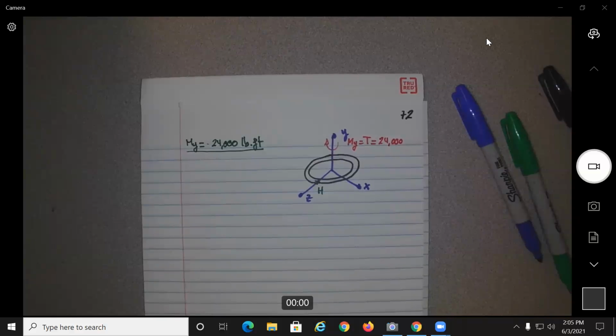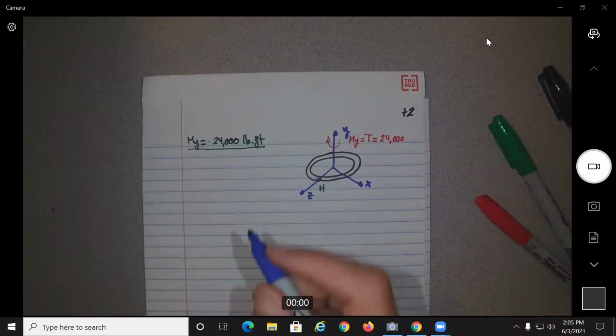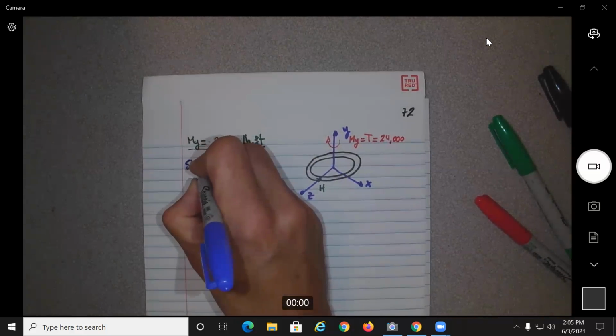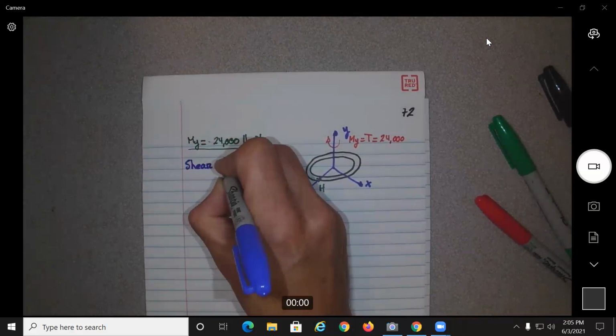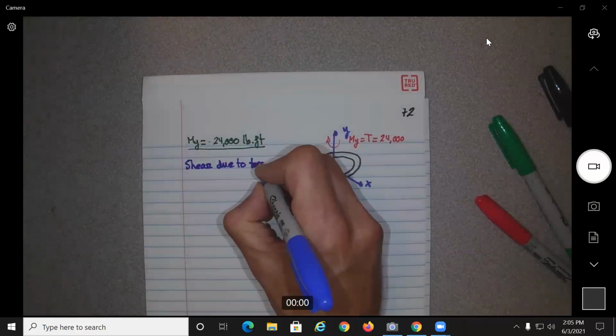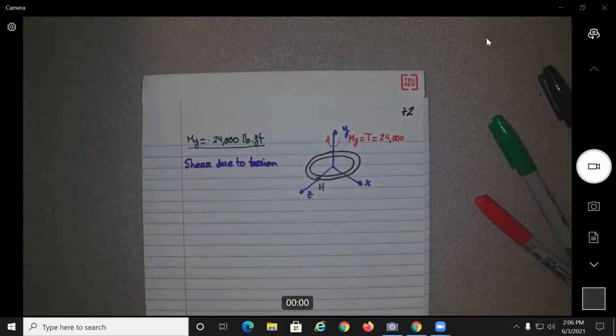Yes? So now, what would be induced by the 24,000 would be shear due to torque or torsion. So shear due to torsion. And that's the equation we just did today.